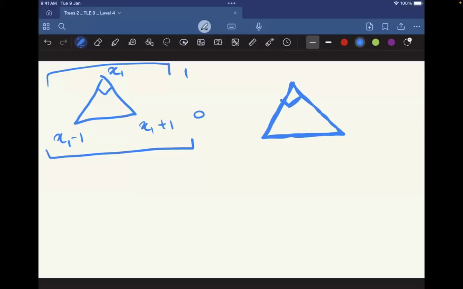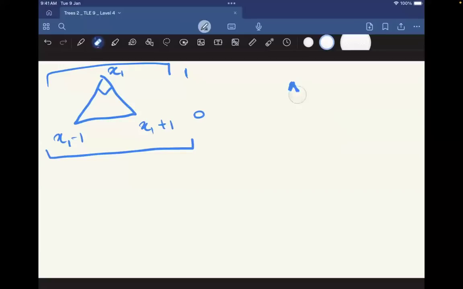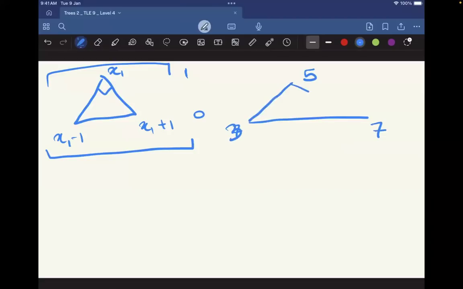Let me just take this quick example: consider something like this. Let's say you have 5, let's say you have 7, let's say you have 3, and let's say you have 7. You might be like, I assumed it might be for all midpoints, not for x minus 1, x plus 1, but let's say x minus 2, x plus 2.